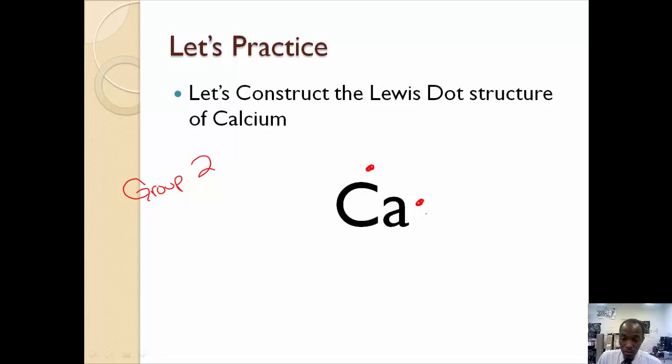So that means it has spaces for 1, 2, 3, 4, 5, 6. It can bond 6 times with different elements. Alright. So, but this is the Lewis dot structure. So 1 and 2. And these empty spaces, because of the octet rule of 8, these empty spaces are for other elements to bond with calcium.